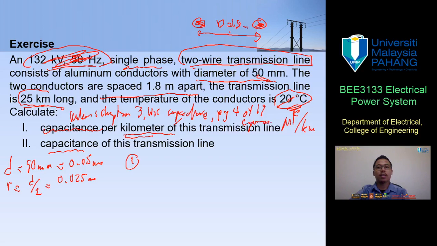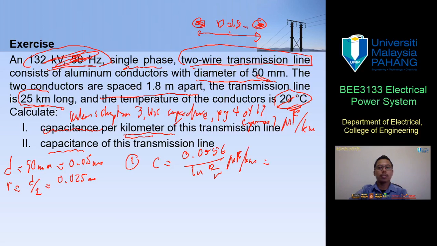C equals 0.0556 over ln D over R in microfarad per kilometer.